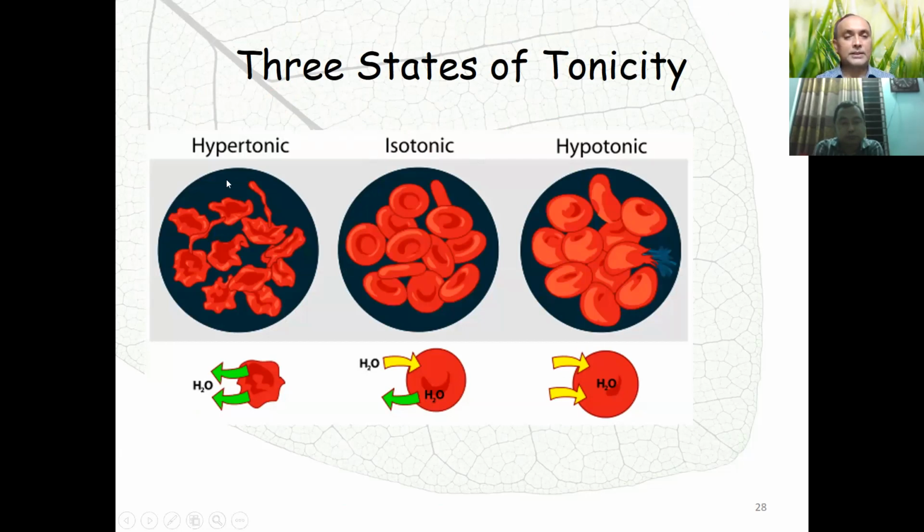For example, in the hypertonic case, you see a high concentration of solute outside, and water is coming out of the cell. As a result, the cell shrinks. Here water is going in, and hypotonic means water going in and dissolving the interior.